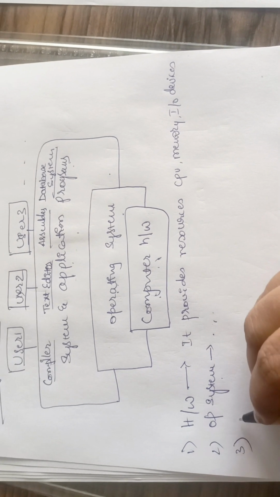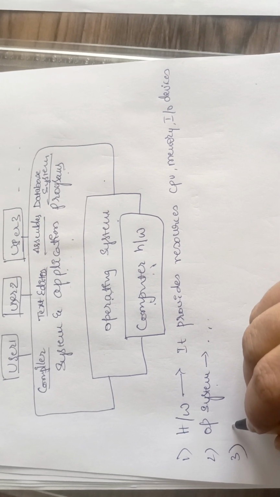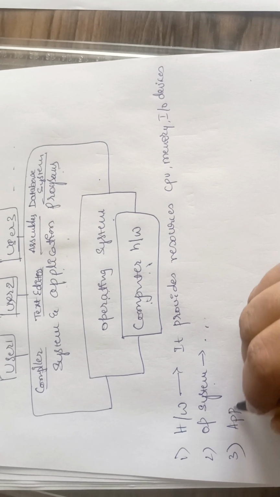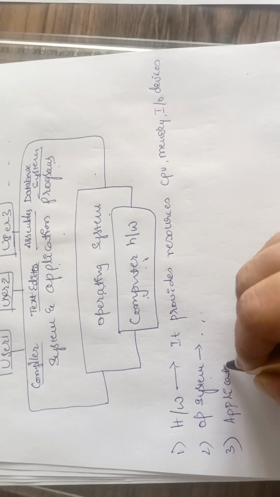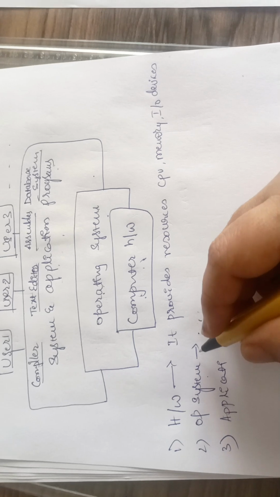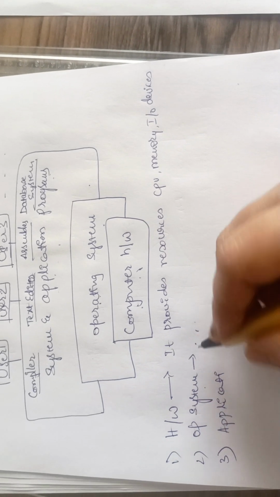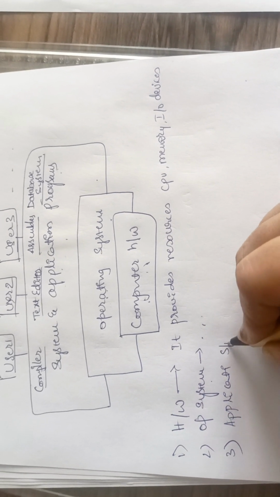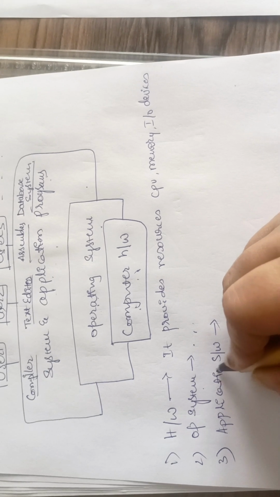So next, the third one is application software. I already told, right? Here there are two types of software, that is system software and application software. So what is this application software?